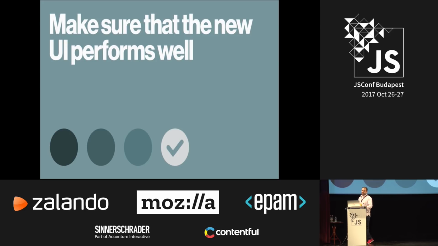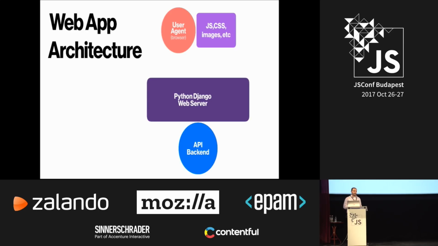Before that, let me give you a high-level overview of our web app architecture. As you can see on this slide, there is nothing crazy. We have a client-side web app, a Python Django web server, and we have a backend API.